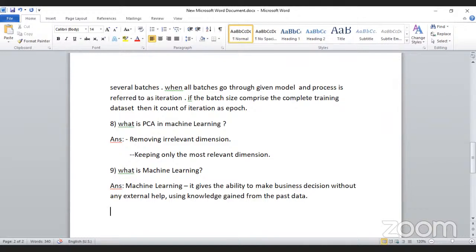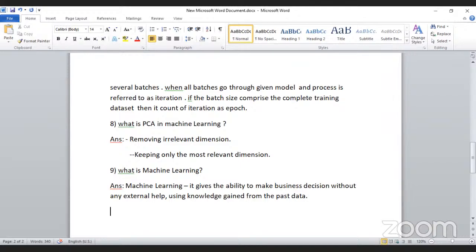In between, we do not interrupt the model. The basis on which the machine takes decisions is past data. Whatever the machine learns from past data, it uses to take decisions for future data. And machine learning systems require a relatively small amount of data to train themselves.